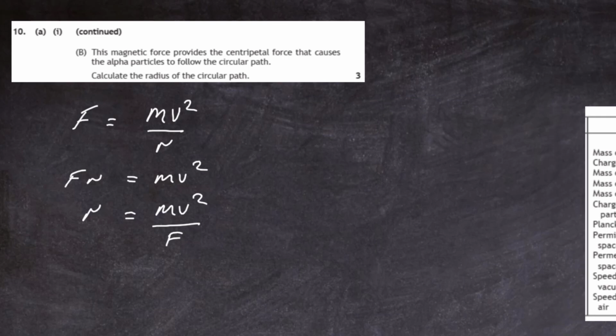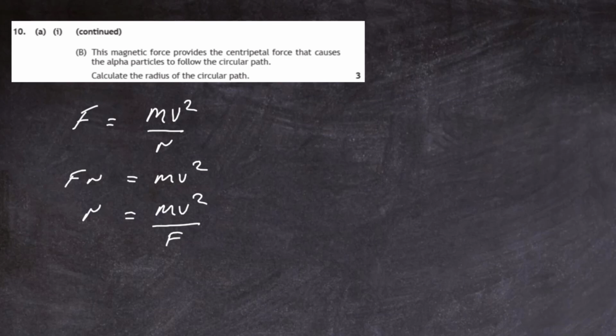So we can put that one down then for the mass. Mass of the alpha particle is going to be equal to 6.645 times 10 to the minus 27 kilograms. And we already know the speed of the alpha particle entering into the magnetic field.